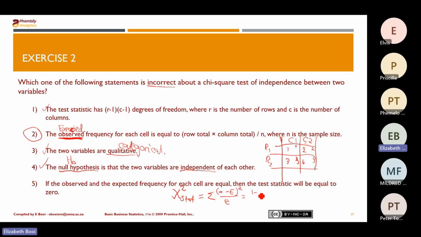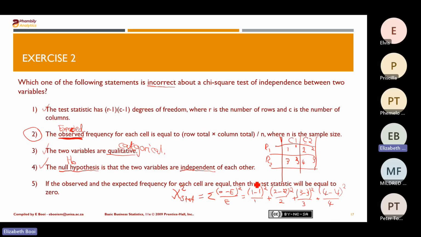It means 1 minus 1 squared divided by 1, plus 2 minus 2 squared divided by 2, plus 3 minus 3 squared divided by 3, plus 4 minus 4 squared divided by 4.